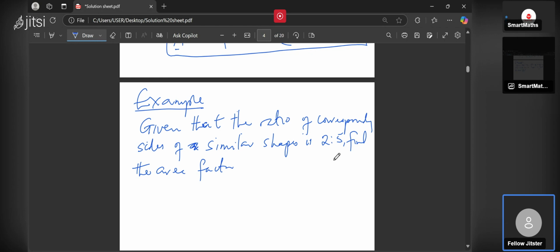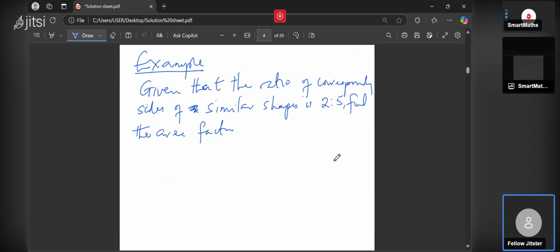What this means is that you have been given the ratio 2 to 5. When you are writing a ratio, you can write it in the form of a fraction, so 2 to 5 is the same thing as 2 over 5. So that is the linear factor, corresponding sides. The linear factor here is 2 to 5, which is equal to 2 over 5.